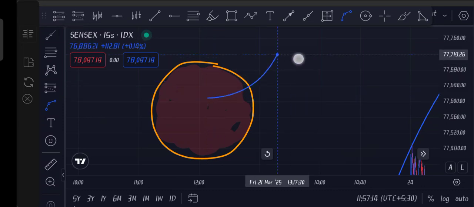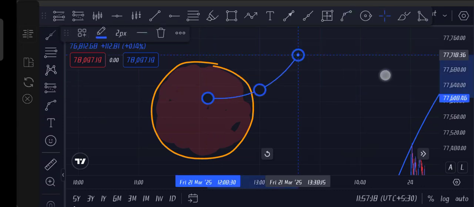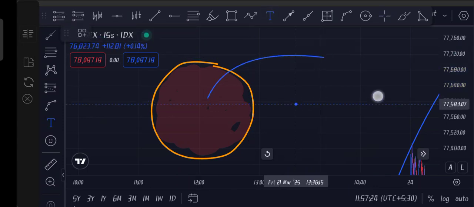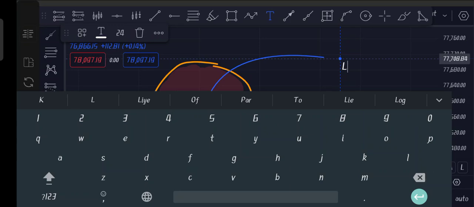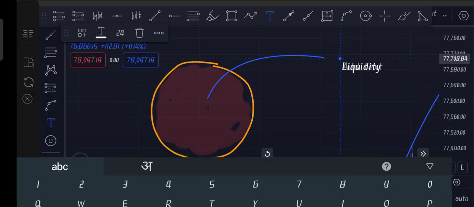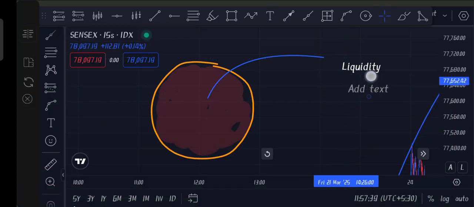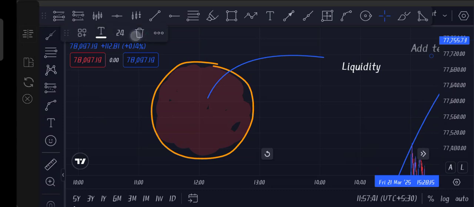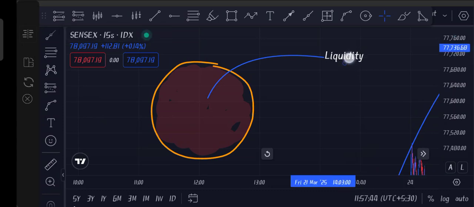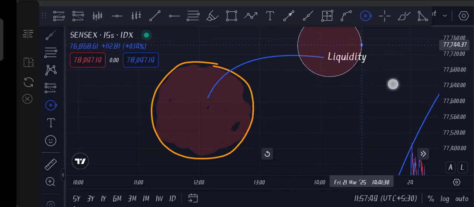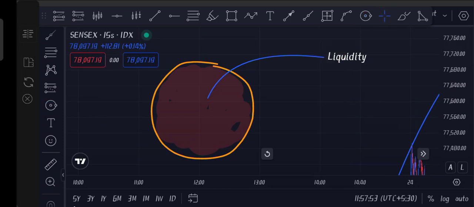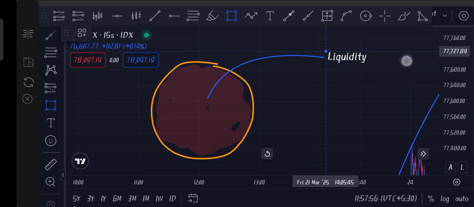This water is called liquidity. You can understand liquidity.